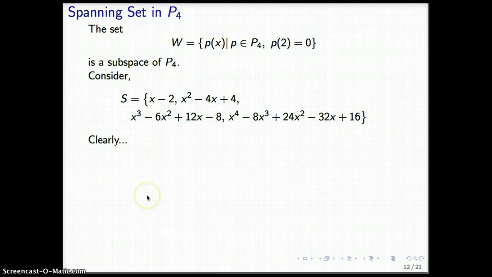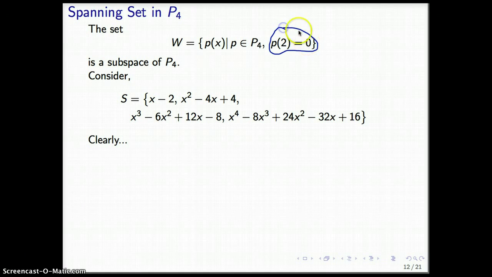Here we revisit this subspace of the vector space of polynomials of degree 4, P4, defined by all those polynomials of degree 4 such that they have 2 as a root.